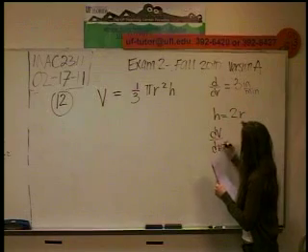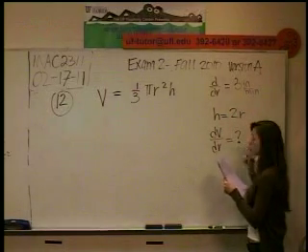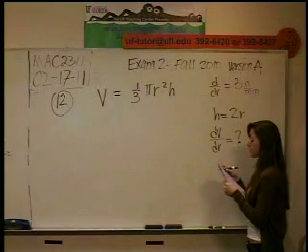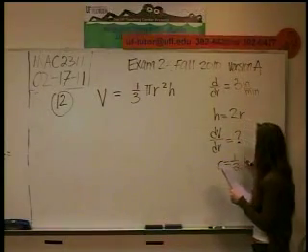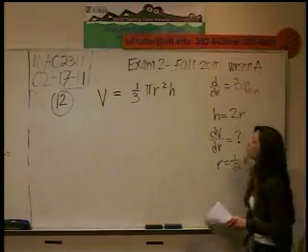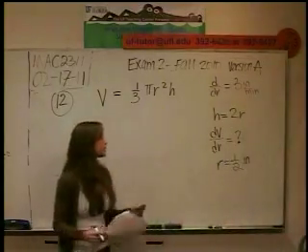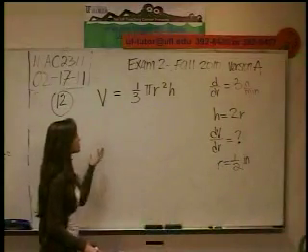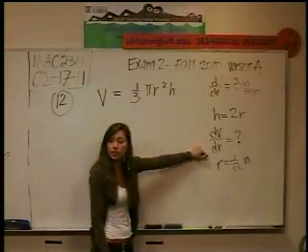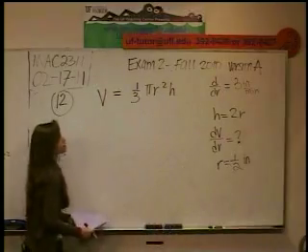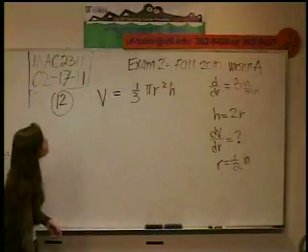So dV/dt is what we're looking for. It says when the radius is 1/2 inch. So really for these related rates problems, what I like to do is always just set up what each value is, what we're looking for, and it's really just plugging and chugging from there after we take the derivative.